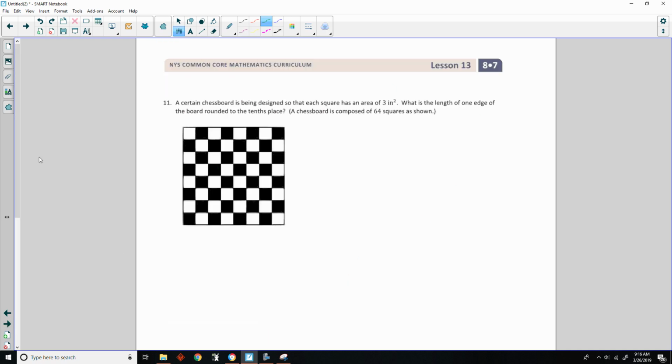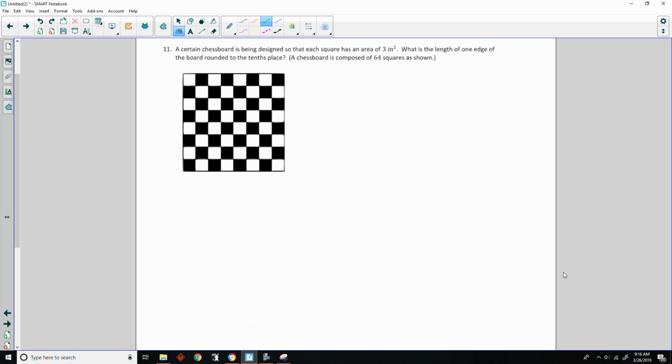Number 11. A certain chessboard is being designed so that each square has an area of 3 square inches. What is the length of one edge of the board rounded to the tenths place? So they want to know this. But I know that each one of these squares equals 3 inches squared.